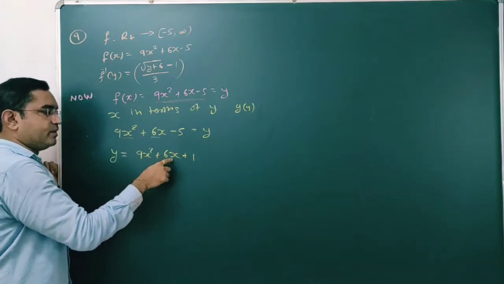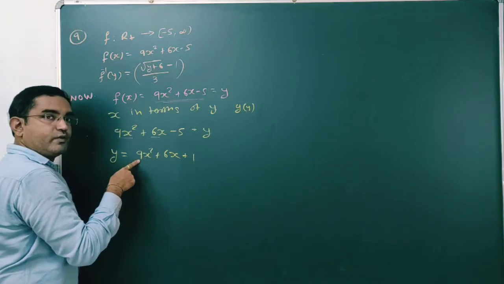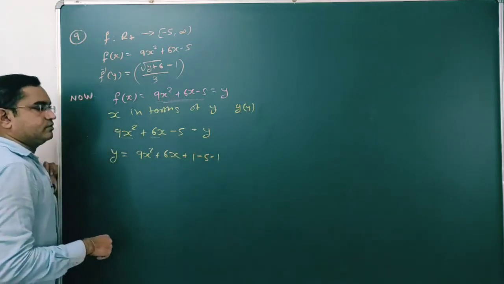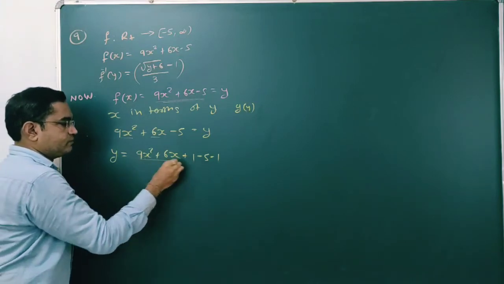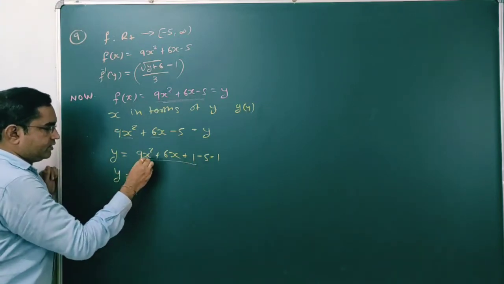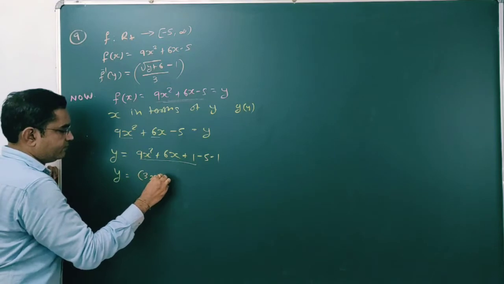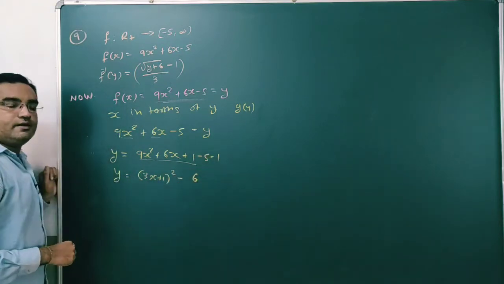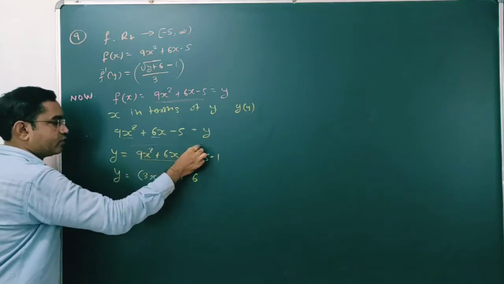So it's 9x square plus 6x plus 1, a perfect square trinomial. Plus 1 added, minus 1 subtract. So this is equal to 3x plus 1 whole square minus 5 minus 1, that is 6. Done. This is known as the completing square method.